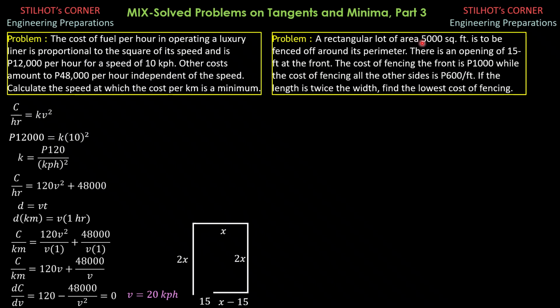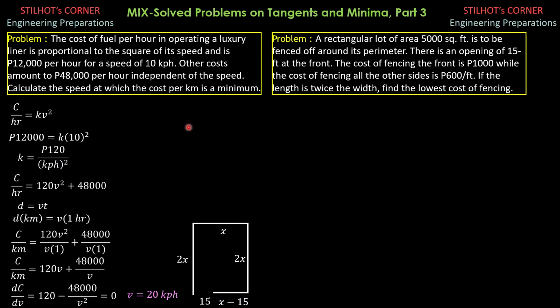It is only 30 feet, and the area is 30 by 15 feet, so that's only 450 square feet. It will not satisfy 5,000 square feet. And therefore, to solve for x, we must just satisfy the area that it is 5,000 square feet.